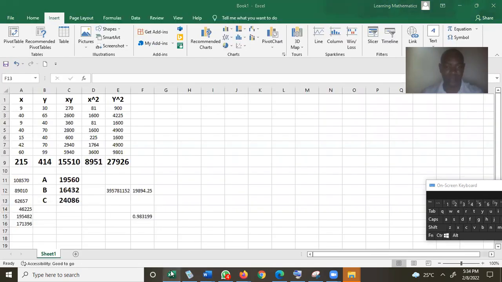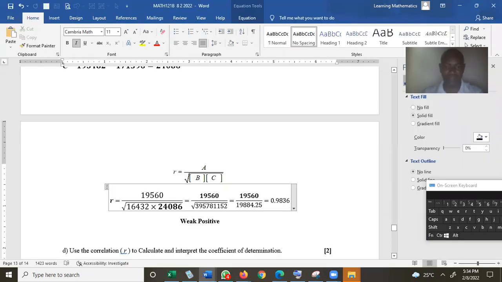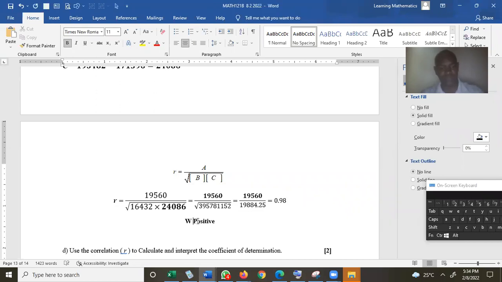The whole idea is 0.98 for the answer, and you can see that's what we basically got, 0.98, because 2 decimal places suffice. Okay, strong positive. So let's edit this to strong positive, and here you have it, using Excel to do Pearson's both manually and directly.